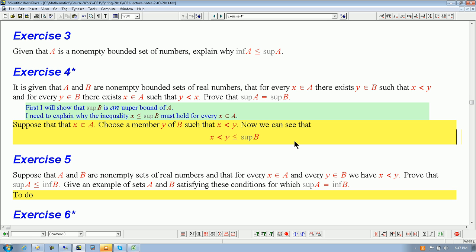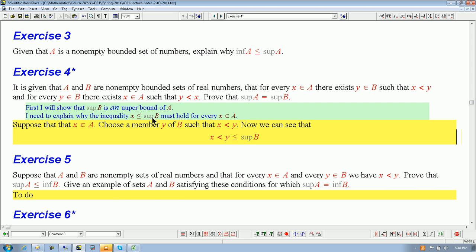So now I have shown, as I promised, that every member of A has to be less than or equal to sup B. As a matter of fact, I've got more information. I even know that every member of A is less than sup B. See? That's even more. Okay.